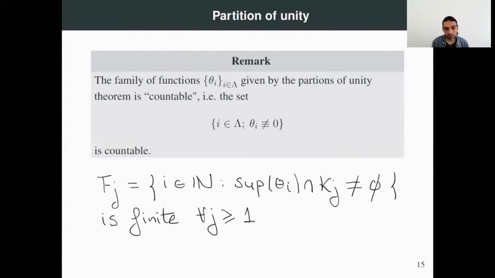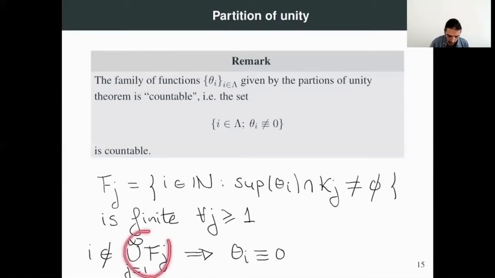And what happens is that if I does not belong to the union of Fj from j equal 1 to infinity, we get that theta I is identically 0. And the union of the Fj's is a countable union of finite sets, so it is a countable set. So this actually proves the remark.